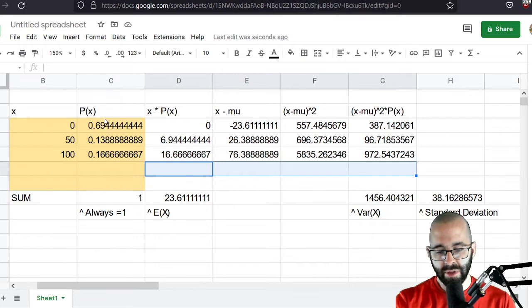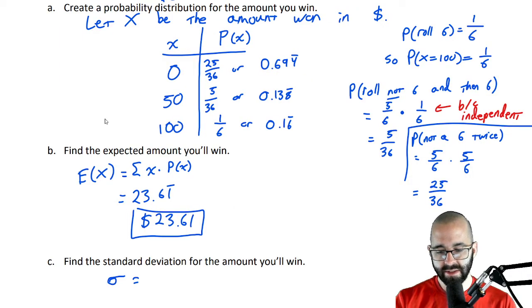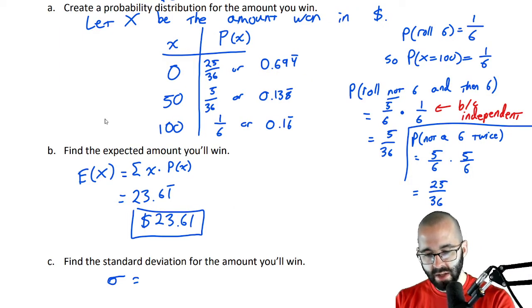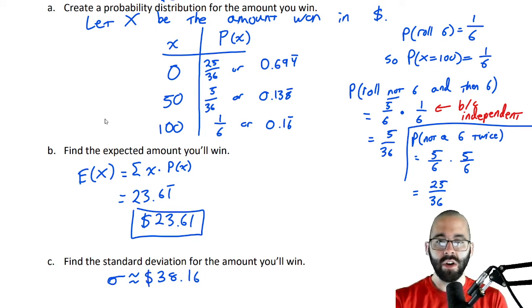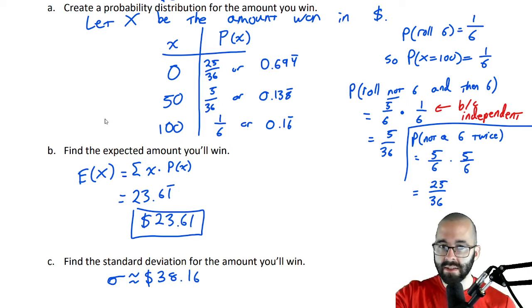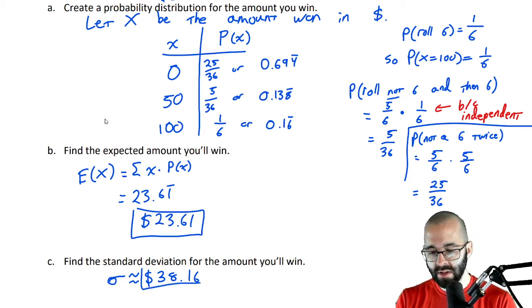Standard deviation is about 38.16, approximately. The units are also in dollars. All of these have the same units: x, the mean, standard deviation.